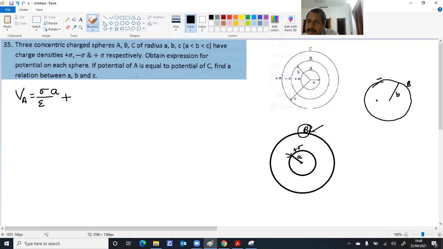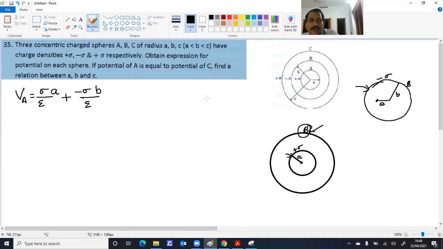The charge density is minus sigma, right? What will be its own potential on the surface? Minus sigma b by epsilon. That will be the same at this point also, the point on sphere A. So it will be minus sigma b by epsilon.